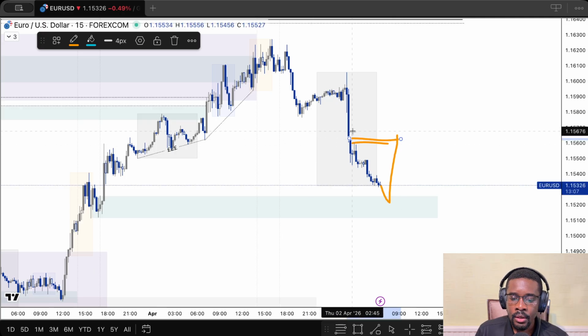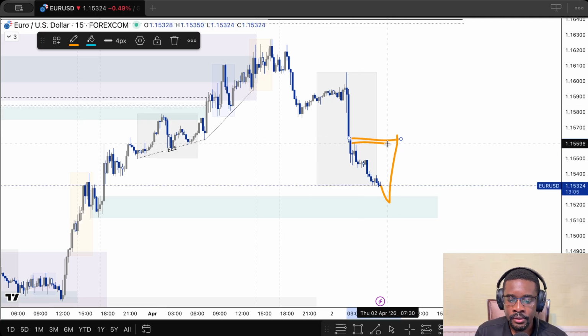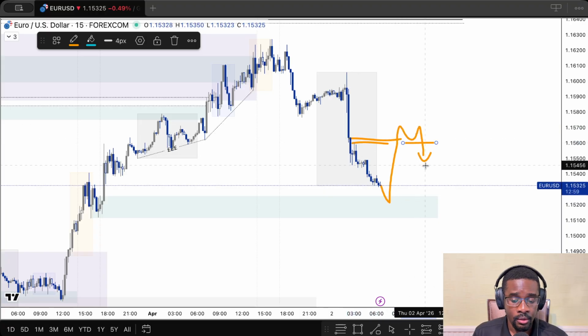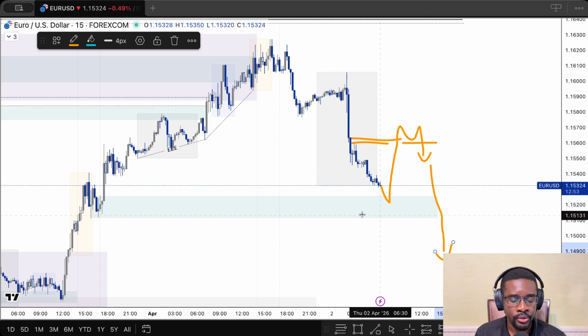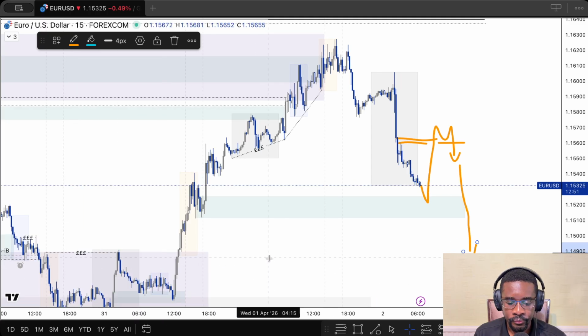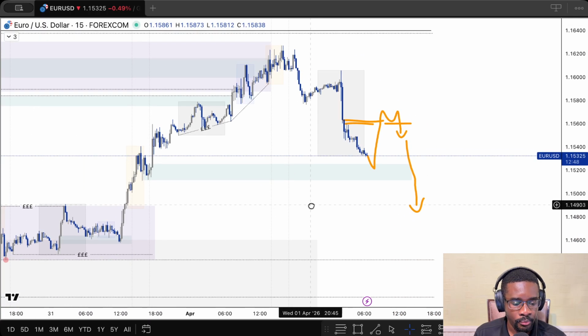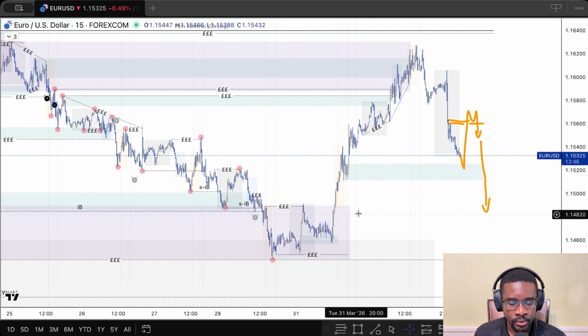Okay, if it comes into that imbalance, all right, then I may start looking for any confirmation to look for shorts. Okay, and then we may see price continue bearish all the way, possibly targeting these relative equal lows.